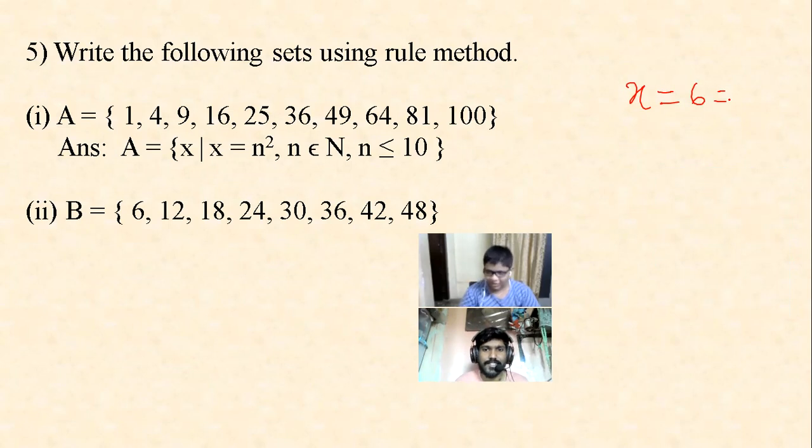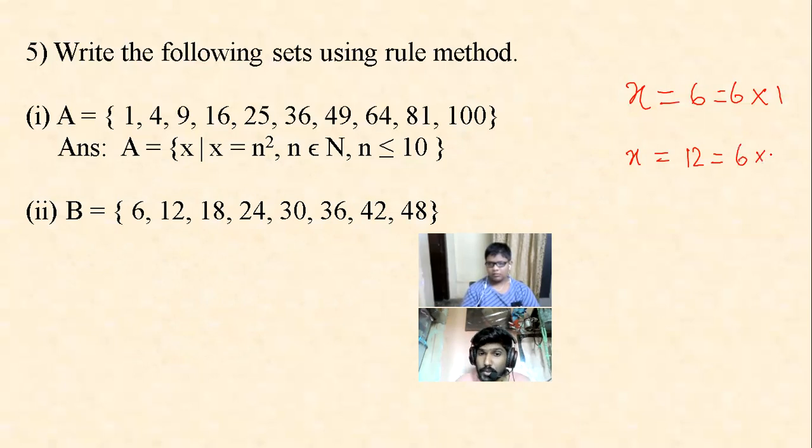In the table of 6, when does 6 come? First. So that is 6 into 1, correct? Then 12. What is 12? 6 into 2.